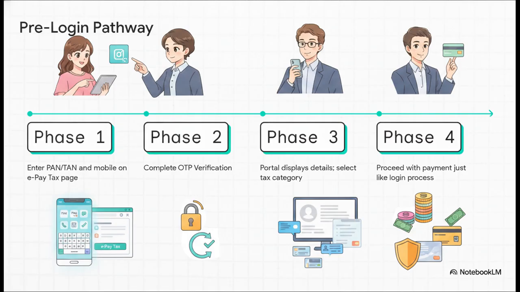You enter your PAN or TAN along with an active mobile number. In Phase 2, you'll receive an OTP, a one-time password, just to verify it's really you. Once you clear that, Phase 3 takes over. The portal automatically pulls up your details and you just choose your applicable tax category. From there, Phase 4 is exactly the same as the login route. You pick your payment method and you're done. It's an incredibly fast track for taxpayers who just want to get in, pay, and get out.